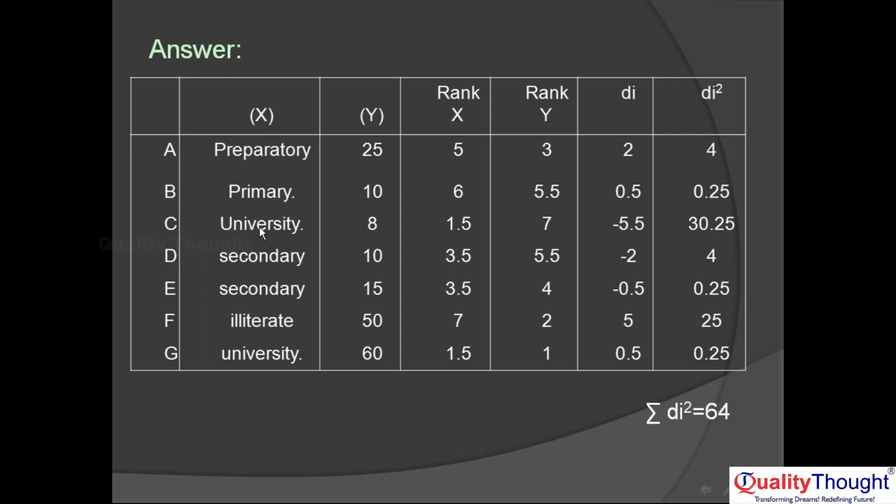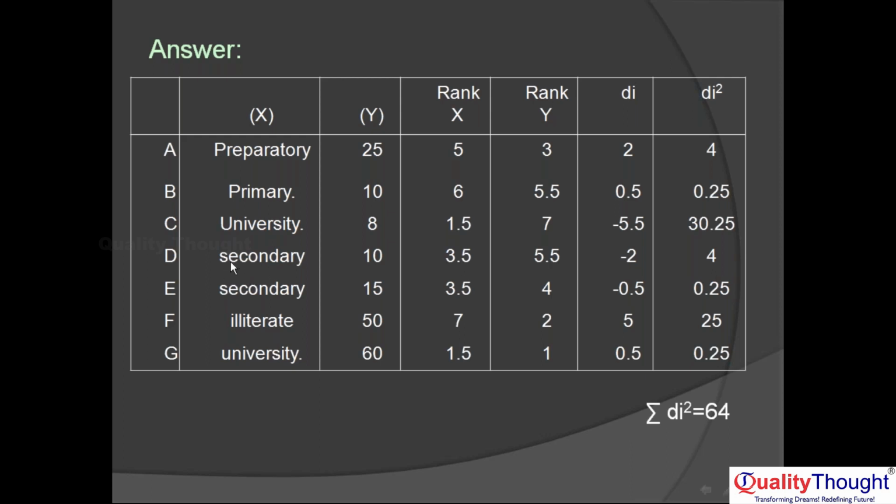University, right or wrong? What is the next top? University again. So we have two universities. Instead of giving 1 and 2, I'm going to give 1.5, the average of 1 and 2. So 1 and 2 are completed. Next it is 3.